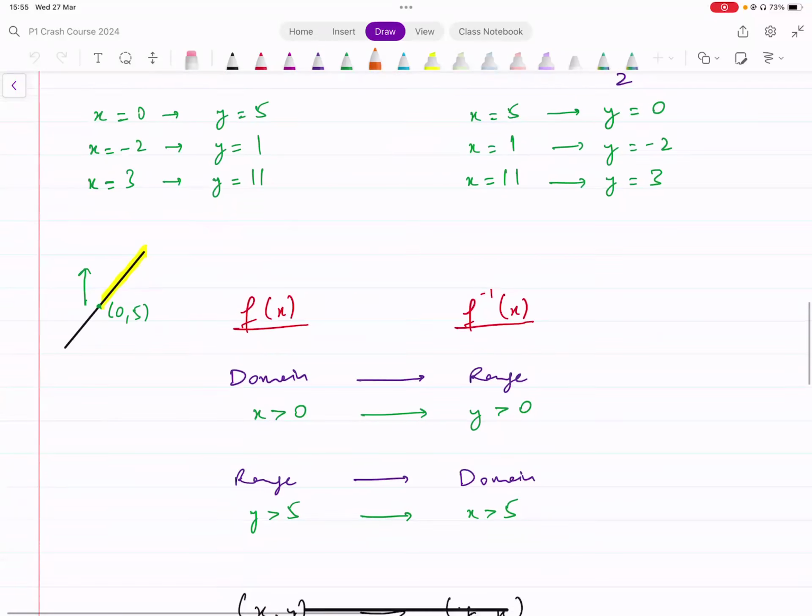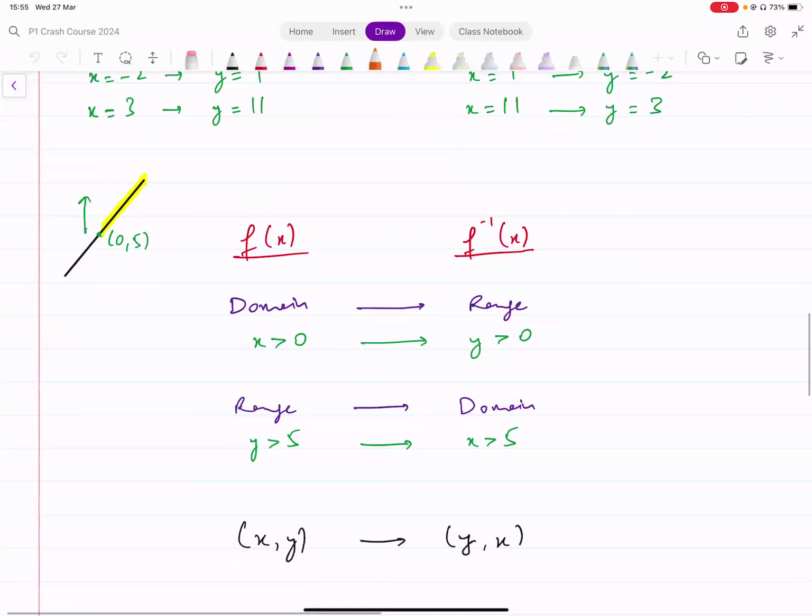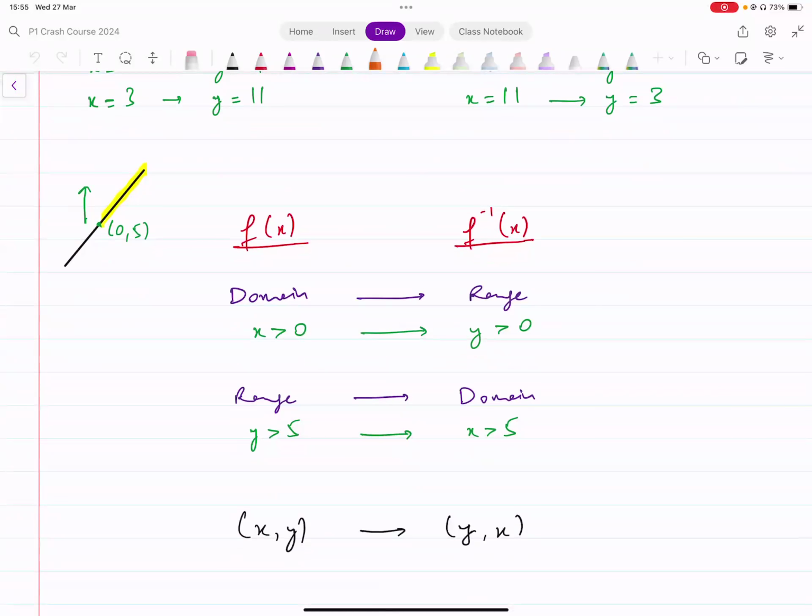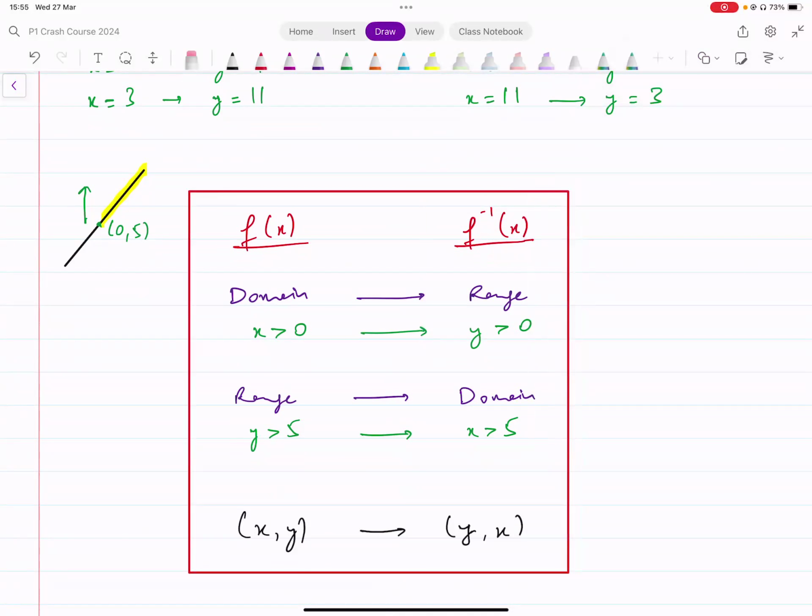But then we need to understand this relationship between a function and its inverse, that whenever you have a function and its inverse, the domain of the original function becomes the range of the inverse function, and the range of the original function becomes the domain of the inverse function because x and y get interchanged.